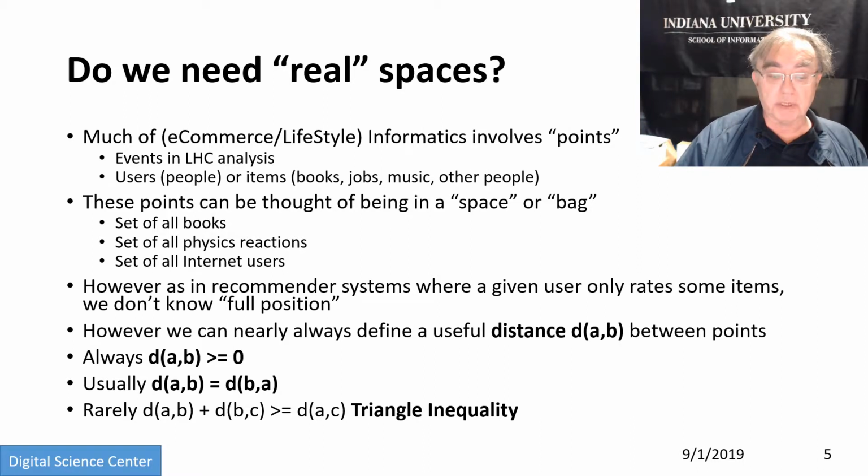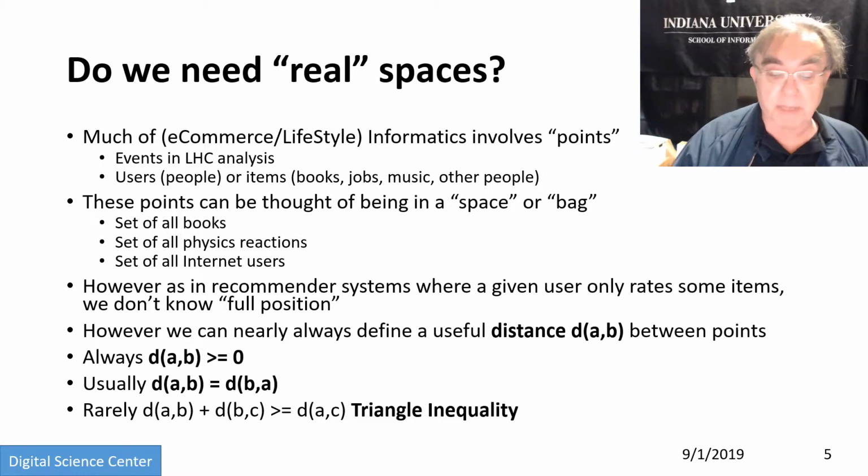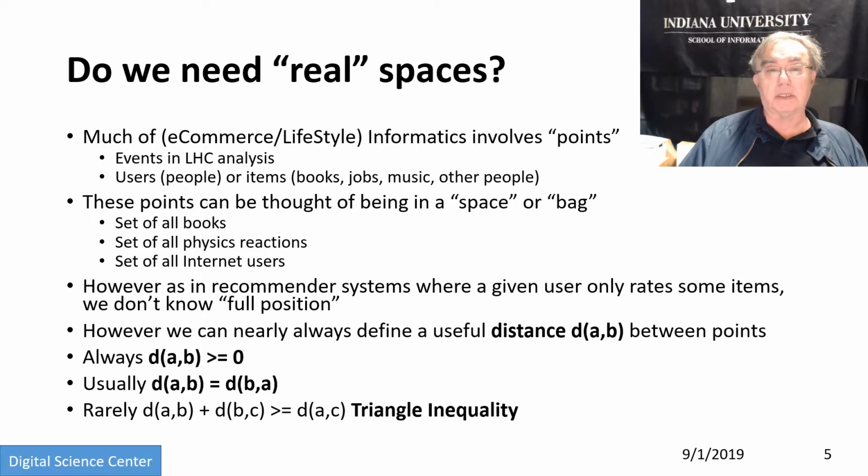And we always choose distances which have some familiar properties: distances are bigger than 0, and the distance from A to B is equal to the distance from B to A. But they don't have some other important properties which are familiar from Euclidean spaces, like the so-called triangle inequality. Whether you need the triangle inequality for a particular analysis is not so obvious, but there are certain clever methods which rely on the triangle inequality. Those will not work in these fancy spaces.